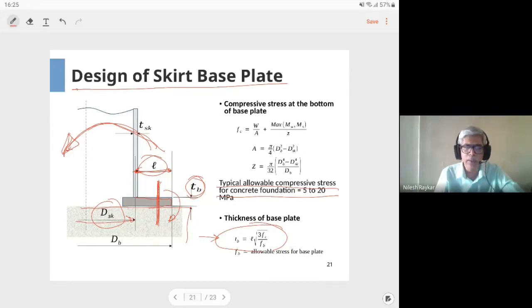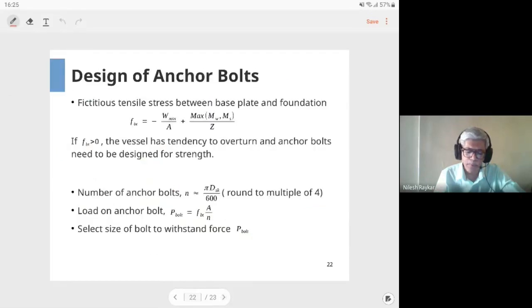Concrete has a certain allowable compressive stress, which is in the range of 5 to 20 MPa. And you have to ensure that the width of the base plate is such that the pressure below the base plate is below the allowable compressive stress. So those are the two calculations involved here.